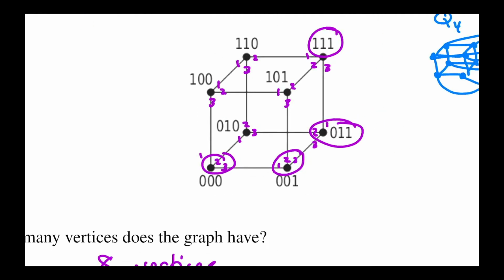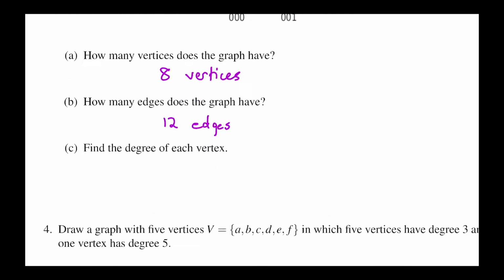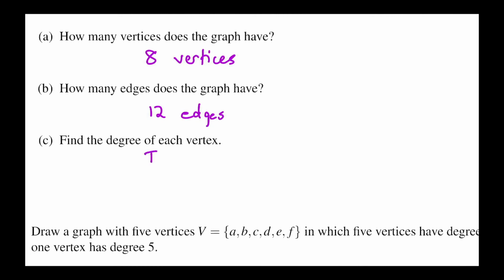All right, so that's what you're doing when you're counting up the degree of a vertex. And it says the degree of each one. We're not going to write them all separately. We could, but since they're all the same, we can just say they all have degree 3.